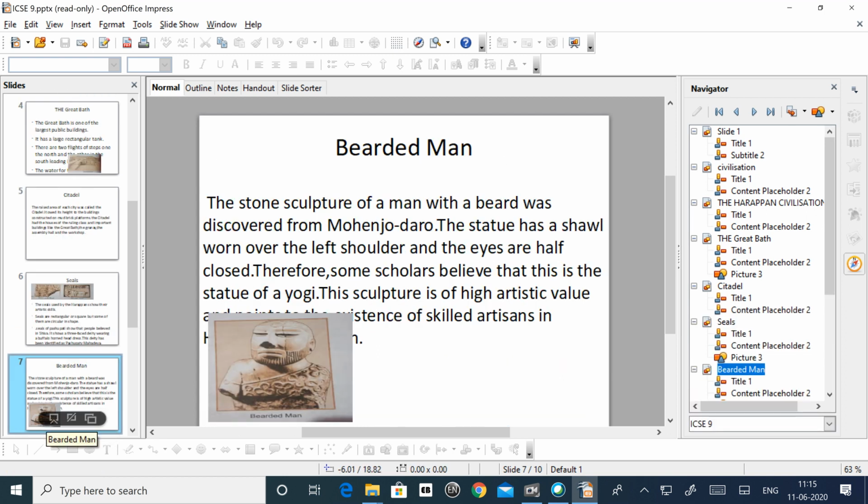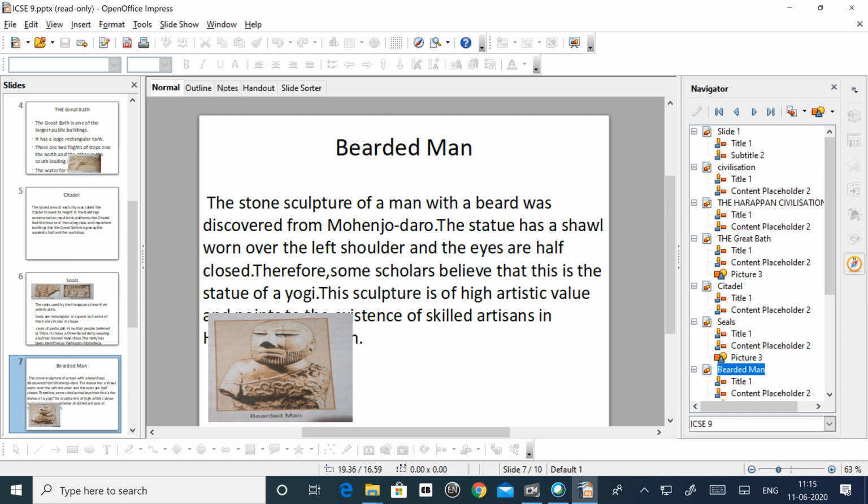Then next source related to Harappan civilization is bearded man. What are the features of this bearded man? The stone sculpture of a man with a beard was discovered from Mohenjo-daro. The statue has a shawl worn over the left shoulder and the eyes are half closed.